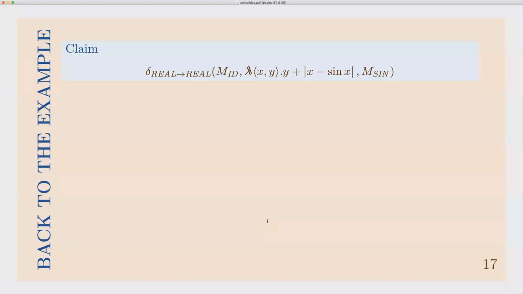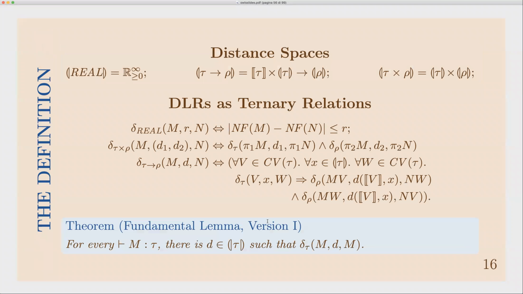Going back to your slide 16, I'm a little puzzled about the third thing, on the top line, which is tau cross rho, the product. If you're saying this is the error or the distance between these, I'm a little puzzled. I would have thought it's something to do with the sum, something like the differential rule on products.